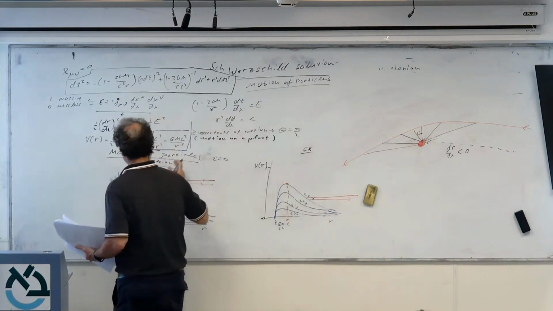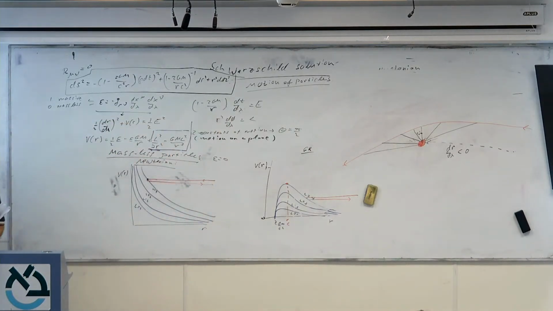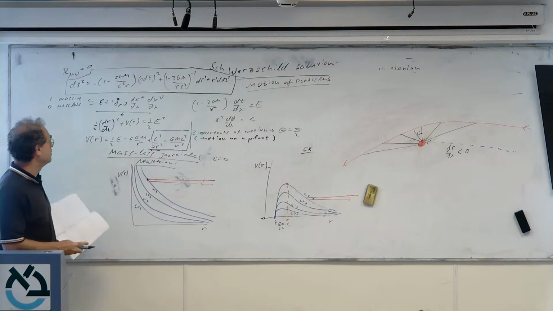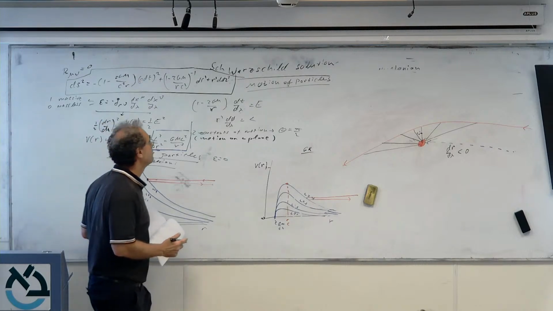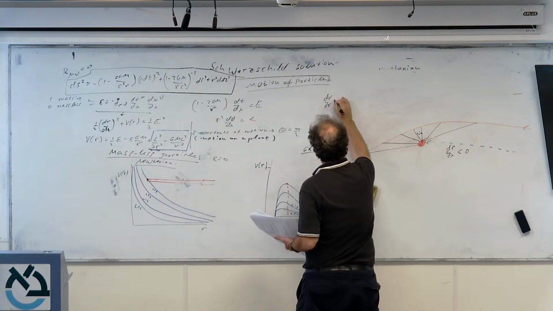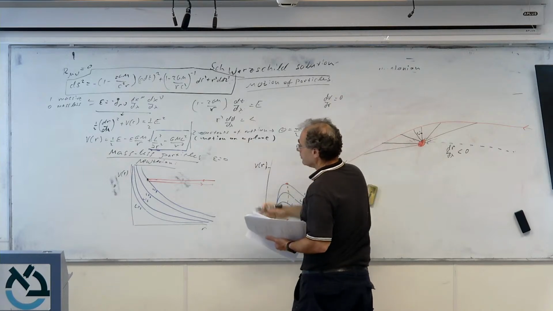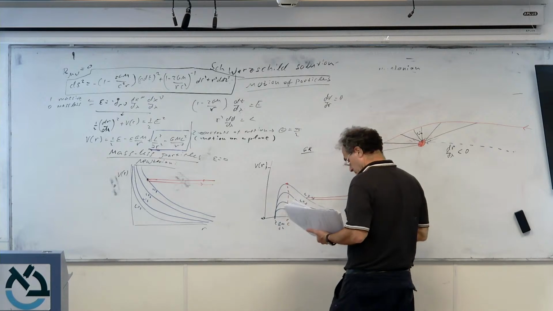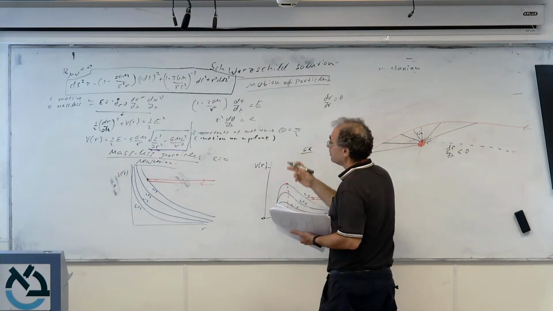And again, we can play the same game that we had before, asking dV over dR is equal to 0. There is V, so we don't care about the absolute terms.